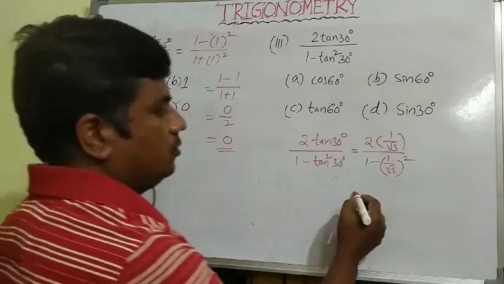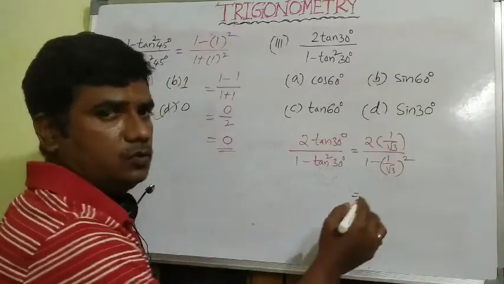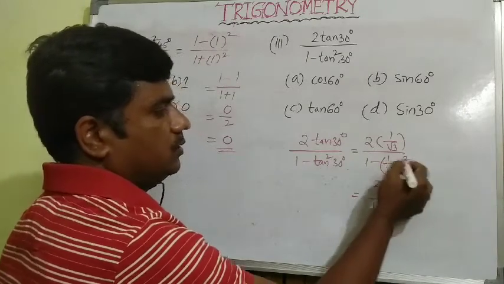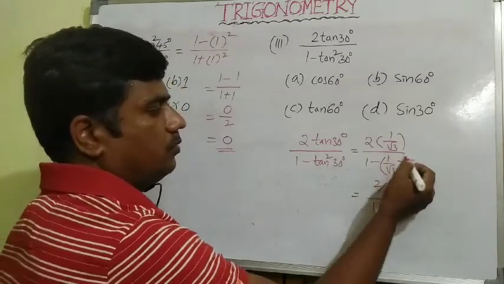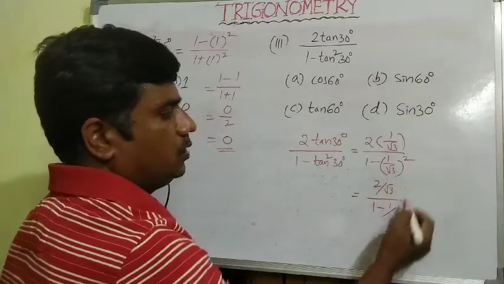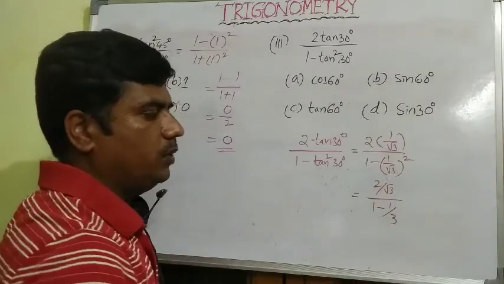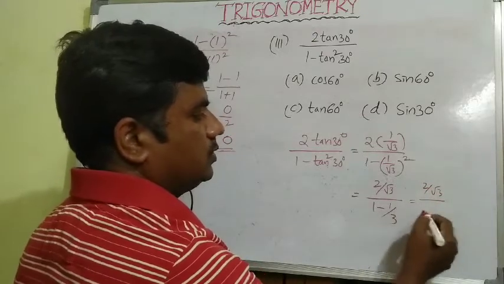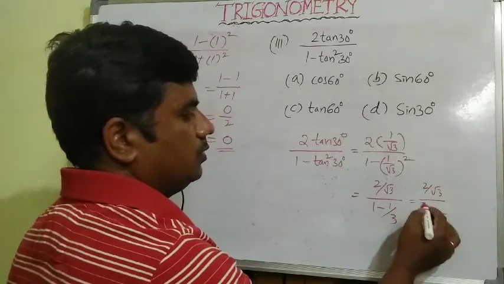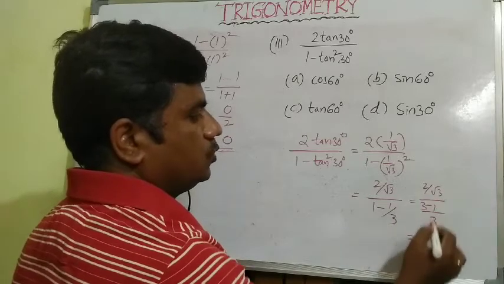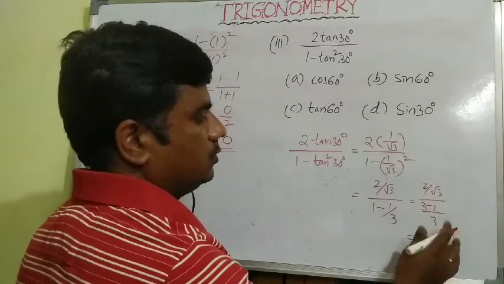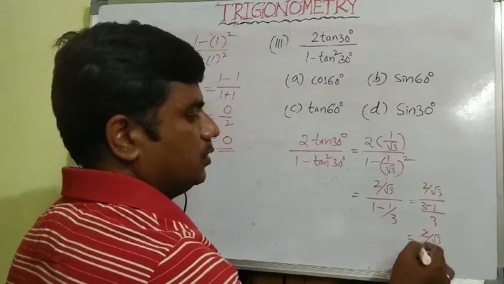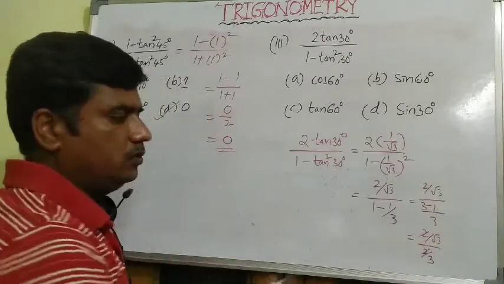Now we have to simplify this value. 2 into 1, 2 by root 3, by 1 minus this square, which belongs to numerator and denominator: 1 square is 1, root 3 whole square is 3, so 1 by 3. Now 2 by root 3 by, your LCM is 3, 3 into 1 is 3, 3 minus 1 is 2, so 2 by 3.